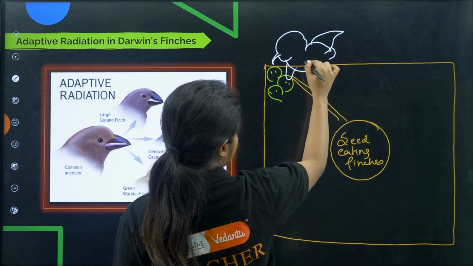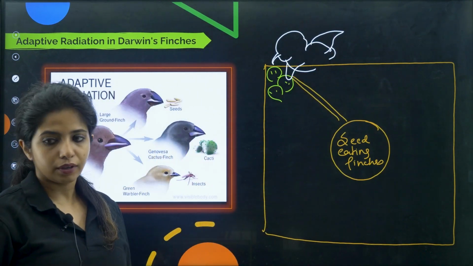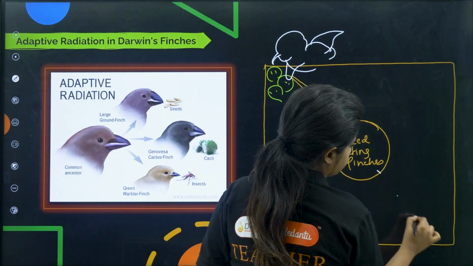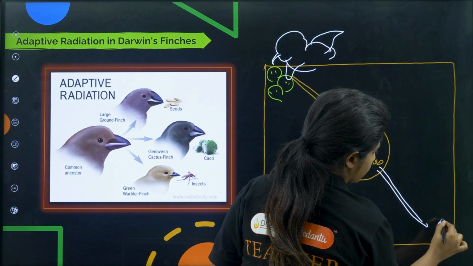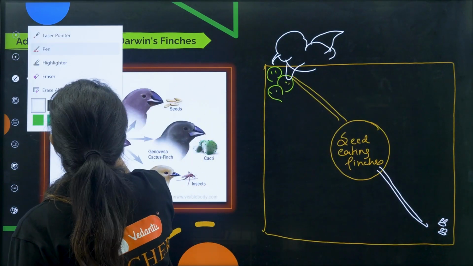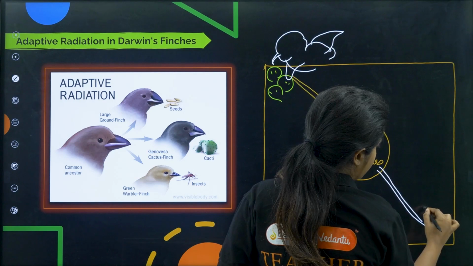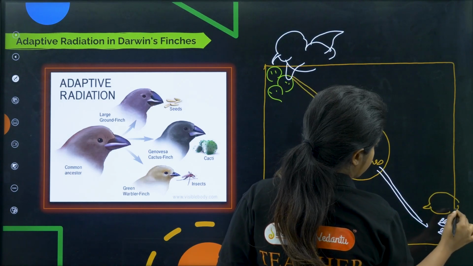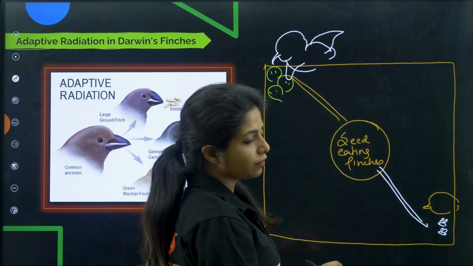I know it does not look like a cute little bird, but yes. Then I went to this side and found small little insects, and feeding on these insects were the birds I was talking about, again with a different type of beak. So everyone had a different type of beak.